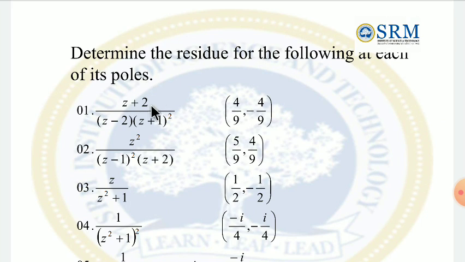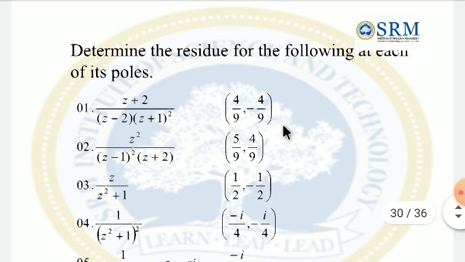So already we have seen some examples. This is the example for the pole z equal to 2 of order 1 and minus 1 of order 2. So apply the formula, we will get the answers 4 by 9 and minus 4 by 9.